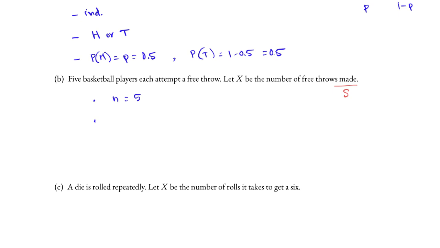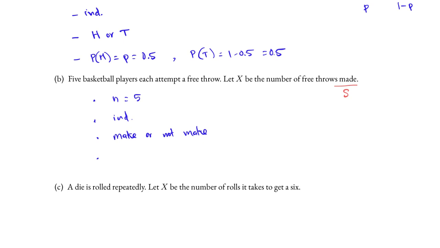Well, we can assume independence because there are five basketball players and we assume that they throw the balls independently. Are there only two possible outcomes in each trial? Yes, whether they make it or they don't make it. If they make it, it is a success. If they don't make it, it is a failure.